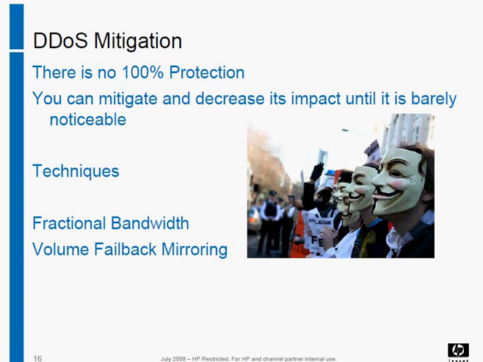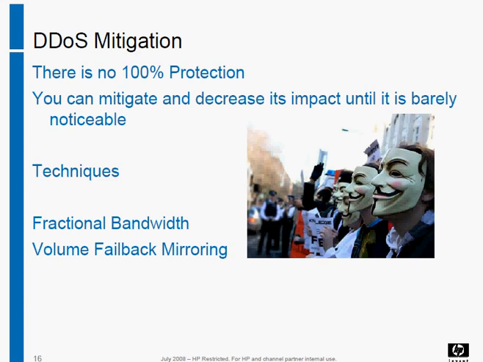Now, we need to understand that there's no 100% protection against denial of service. But what we're going to be showing is a couple techniques where you can mitigate and decrease the impact until it's barely noticeable.